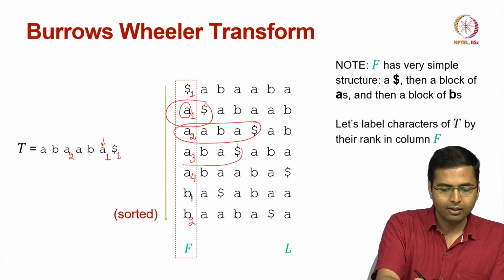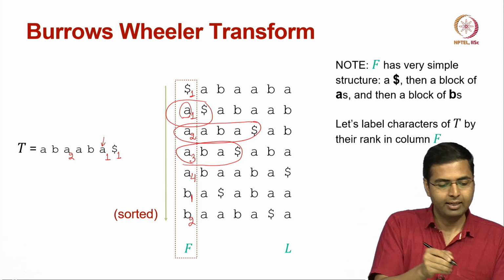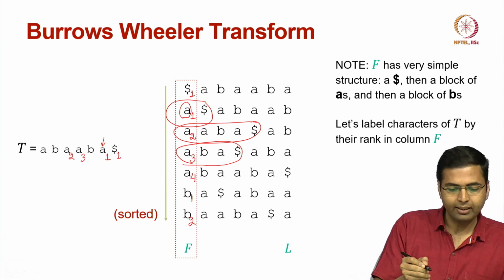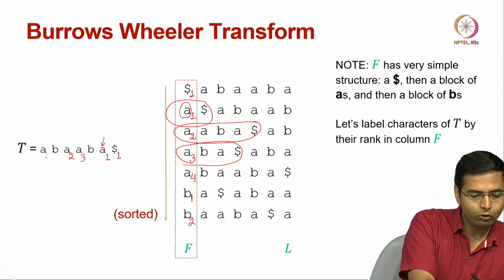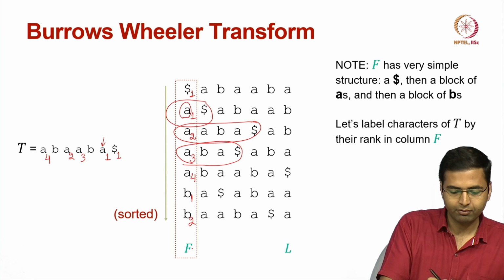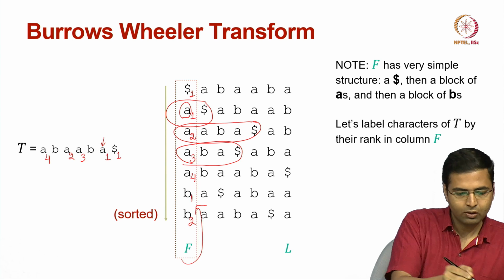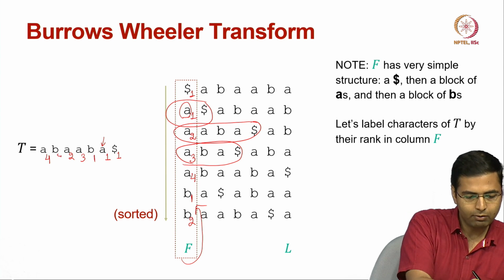Similarly, the character A corresponding to suffix ABA dollar gets rank 3 and so on. So, we can put ranks on all the characters based on column F, and based on these values we can put the labels on text T as well. In this case this will be 1 and this will be 2.